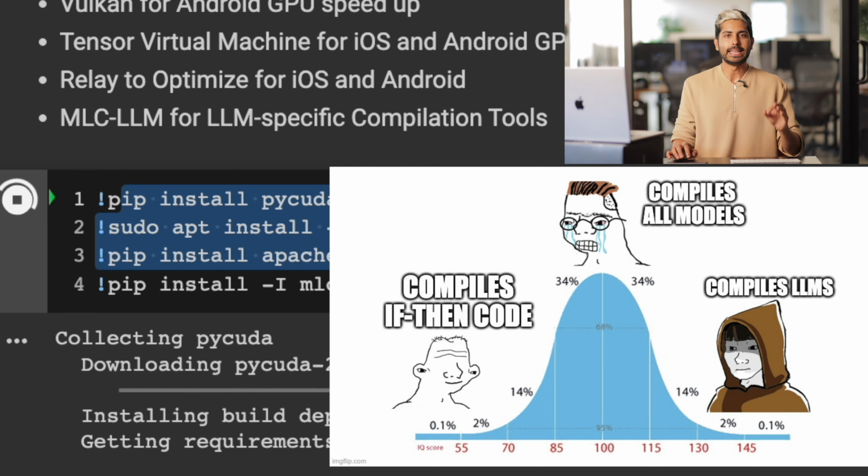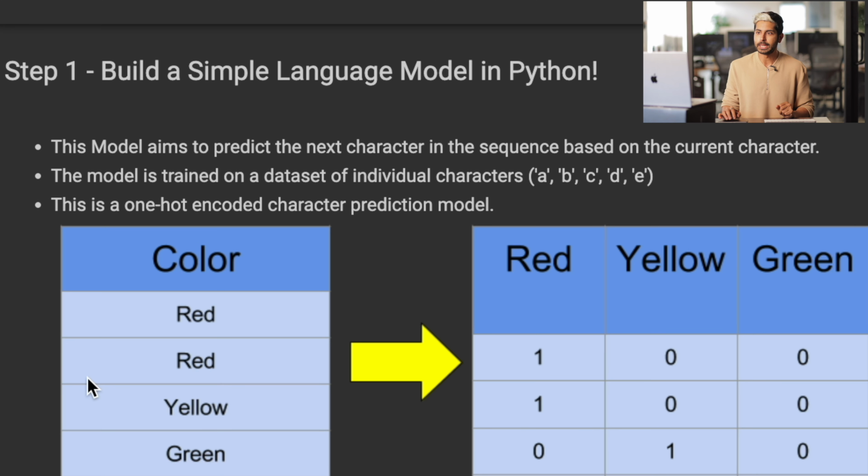So our first step is to build a simple language model in Python. Now, this model is going to do something very simple for us. It's going to predict the next character in a sequence based on the previous characters. And this model is trained on a data set of individual characters, just 5 of them, A, B, C, D, and E. That's it.